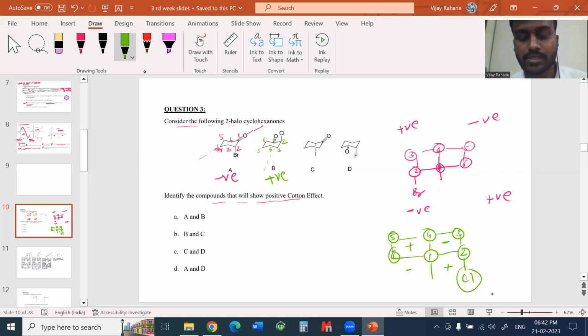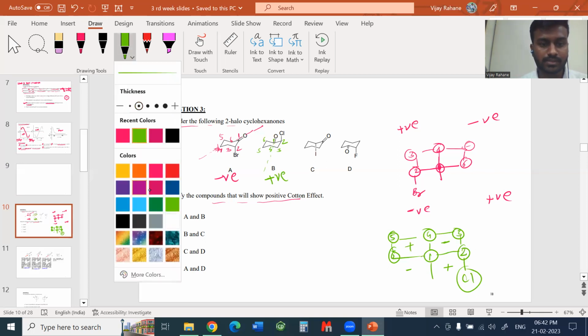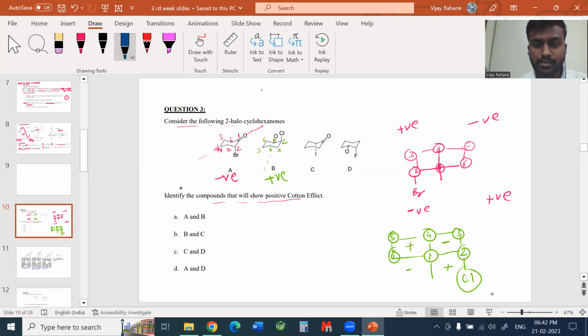Similarly, this one also we can draw. We'll take a different color just to understand. Right, we'll take the blue one. Here we need to see from this side, right? For this chain, if you see from like this, we'll give the numbering 1, iodine 2, 3, 4, 5, and 6, right?